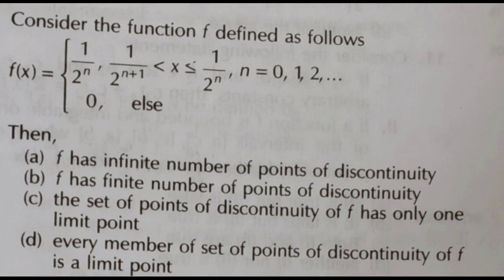Option B, f has a finite number of points of discontinuity. Option C, the set of points of discontinuity of f has only one limit point. And option D, every member of the set of points of discontinuity of f is a limit point.